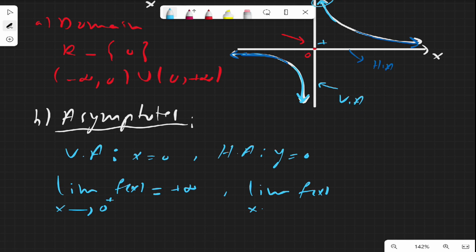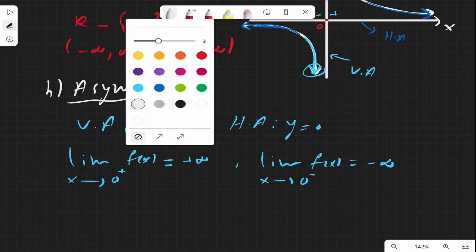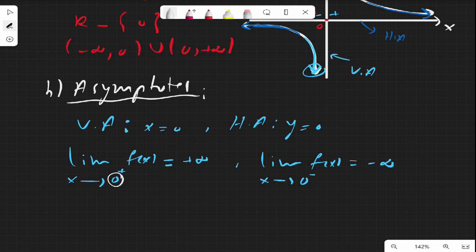And the limit when x approaches 0 from the left, this is the left, the graph is going to negative infinity, proving that 0 is the vertical asymptote.